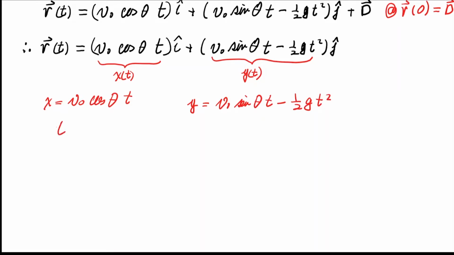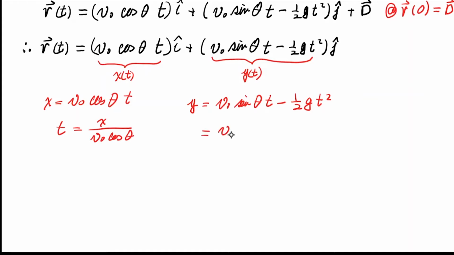Why don't I solve this for t and then substitute it here? That's how you do elimination, right? So t is x over v naught cosine theta. Substitute it here, and let's see what happens.